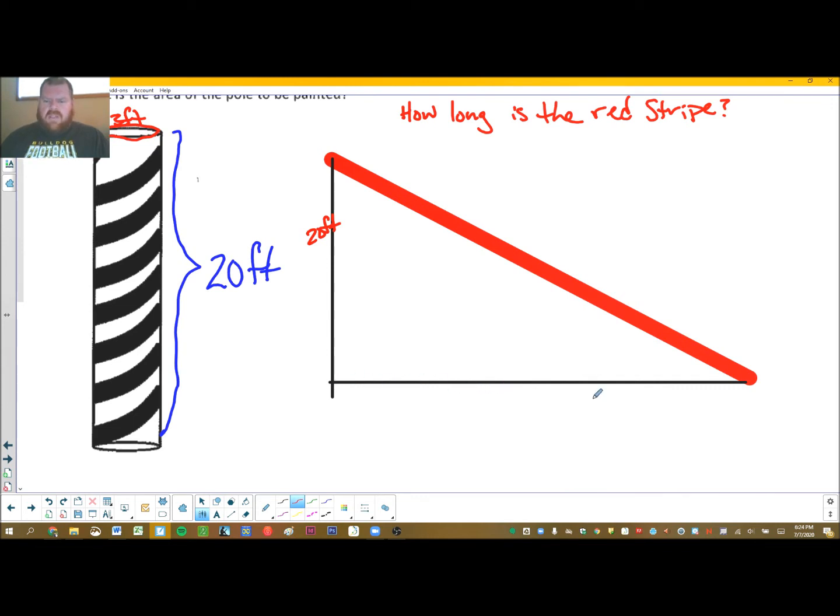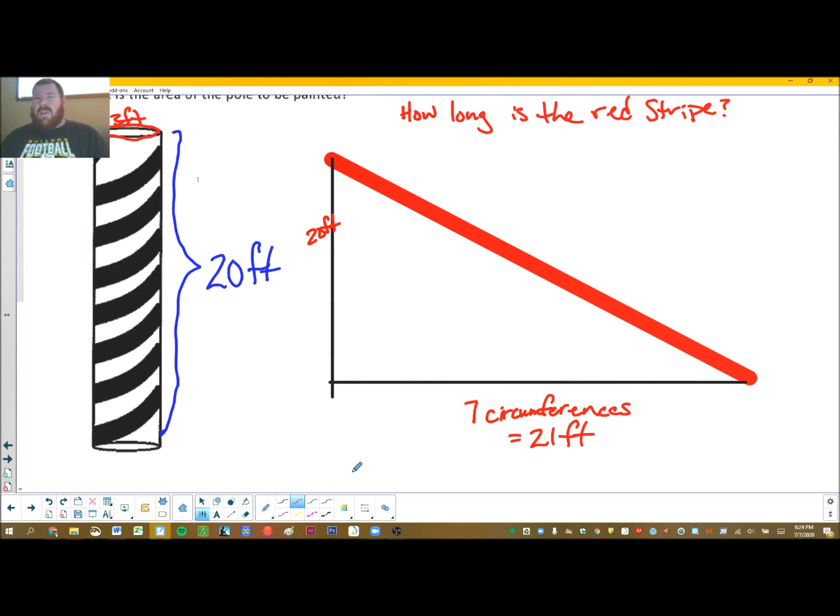So really, this horizontal distance is 7 circumferences, which is 21 feet. So I think from there you can use the Pythagorean theorem to answer the question of how long is the red stripe.